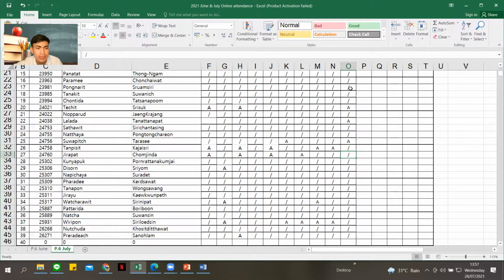Number 27, Jirapat, are you here? Okay, let's continue here. 34, 35, 36, 37. Are you here, Wiripon? Absent. Okay, 38 and 39. Thank you for coming.